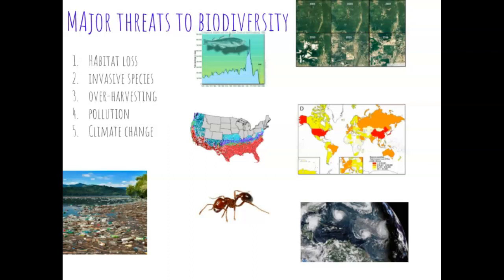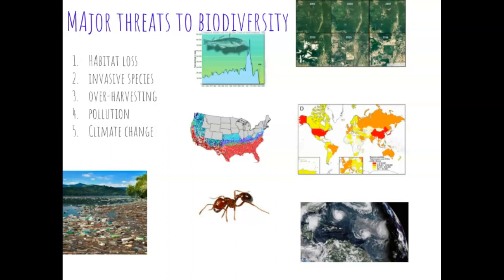Another major threat to biodiversity that is arguably possibly the most important current threat is climate change. As climate is changing around the planet, most areas are getting hotter, and a lot of species have very specific temperatures in which they can survive.